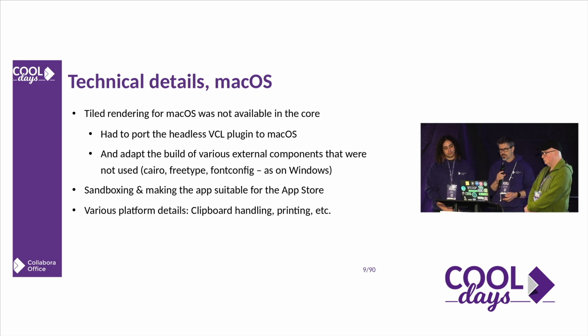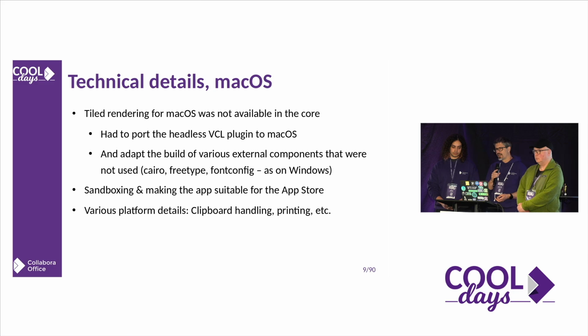The VCL plugin for macOS was also dependent on the APIs available on macOS, which had to be changed for this work as well. But we ended up rendering the tiles the same way as we do on Linux. So it was good.